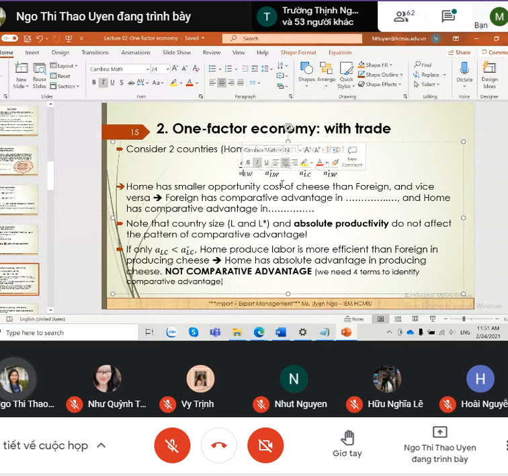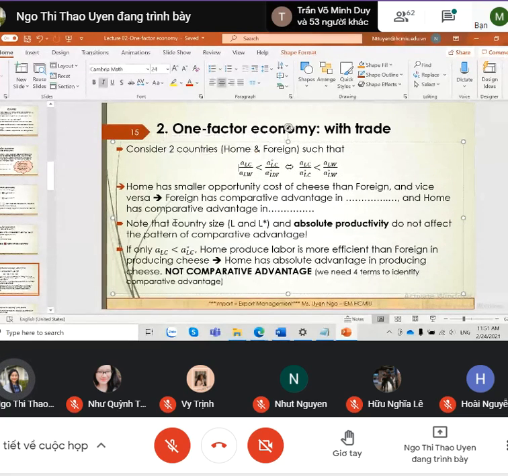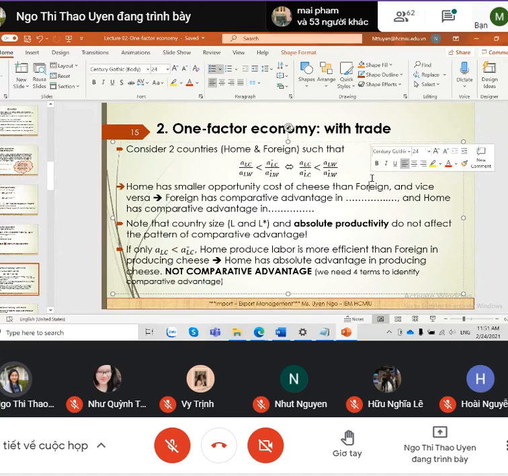We assume that the opportunity cost of cheese in terms of wine in home is smaller than that of foreign. So Home has a smaller opportunity cost of cheese in terms of wine than foreign, and vice versa.